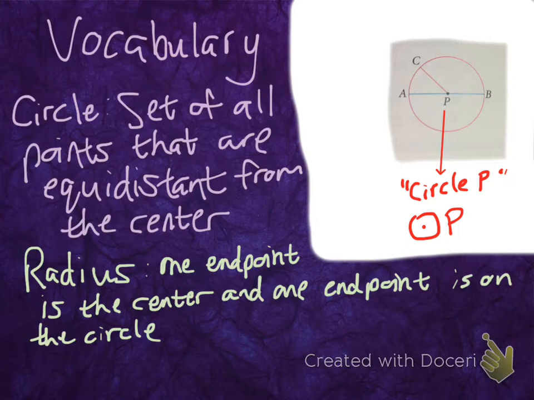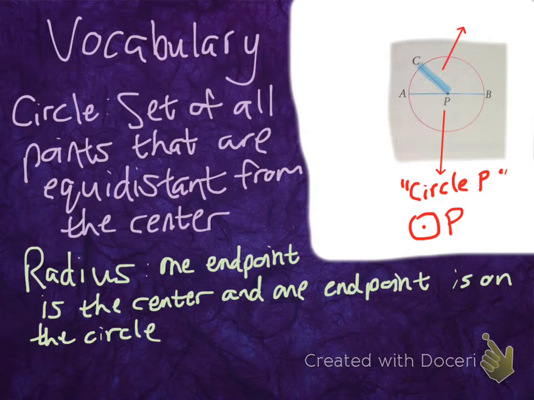This one here, which is segment PC. Because again, it goes from the center to a point on the circle, meaning a point that touches this pink line around the edge. So P is the center, C is a point on the circle, which means one of them would be PC, right?